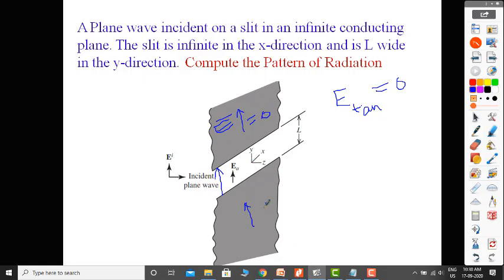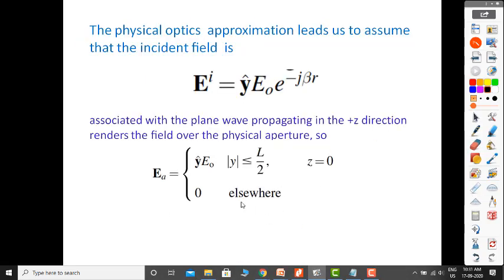Above the slit and below the slit, where the plate is there, the electric field is 0. So the electric field only exists in between the gap or the slit. Therefore over minus L by 2 to plus L by 2 it exists. Elsewhere the electric field is 0, because of the boundary condition E tangential equals 0.